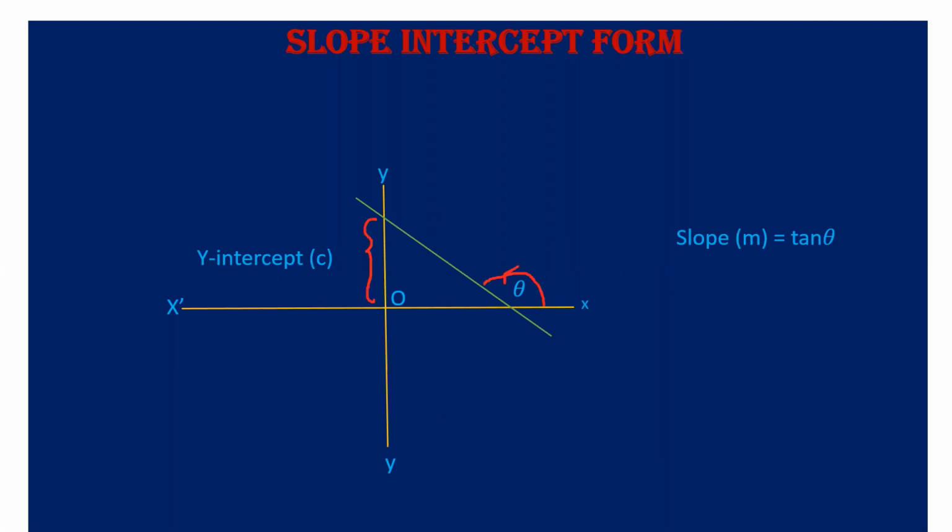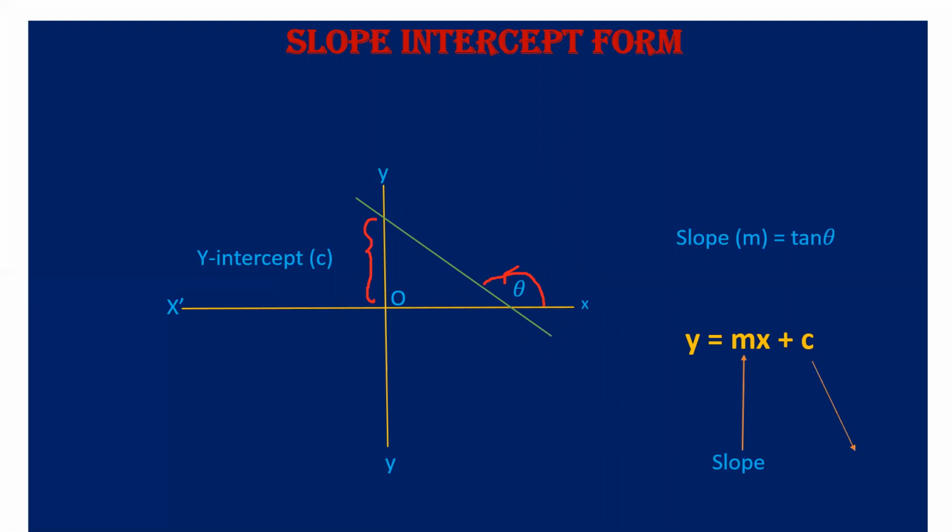So remember, when you are given the y-intercept and the slope of the line, then we use y is equal to mx plus c in order to find the equation of the straight line, where m is the slope of the line and c is the y-intercept. You must clearly understand that whenever you are given a slope and a y-intercept, we use y is equal to mx plus c.